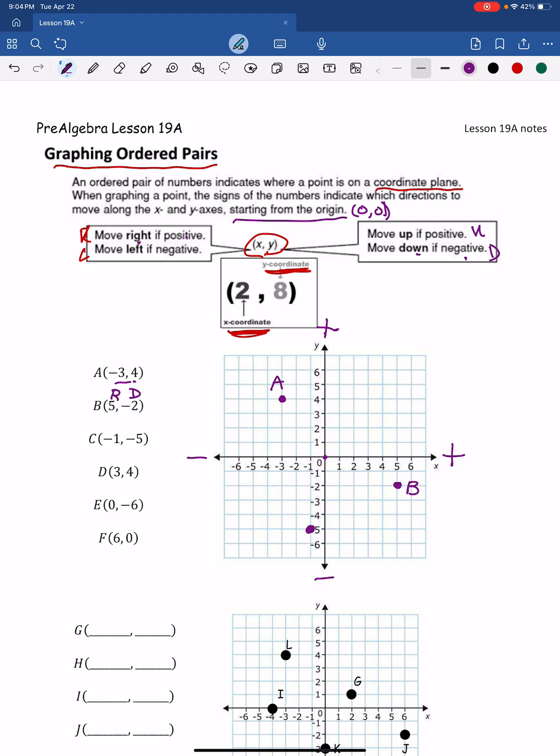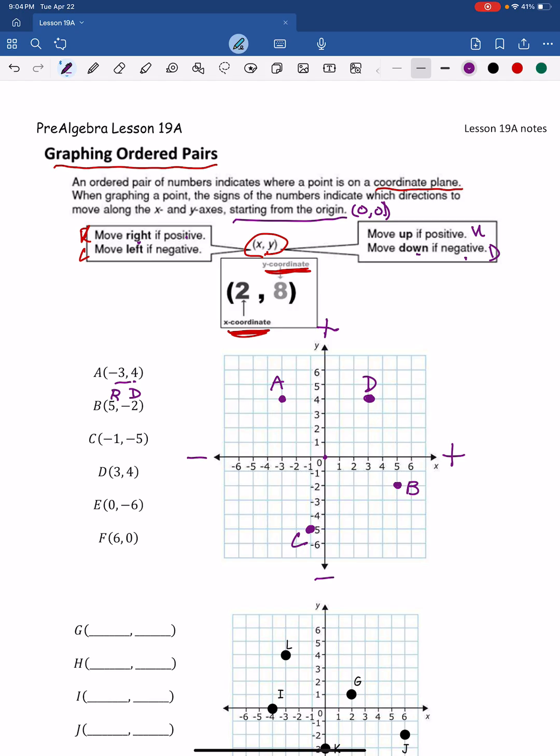Again, you don't put a point on your way there. You are going to put a point after you've gone both directions. Letter D is at 3, 4, so positive 3, positive 4.